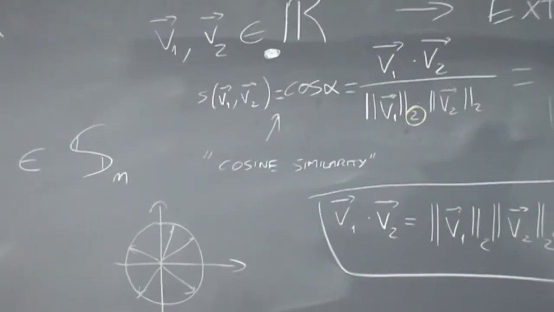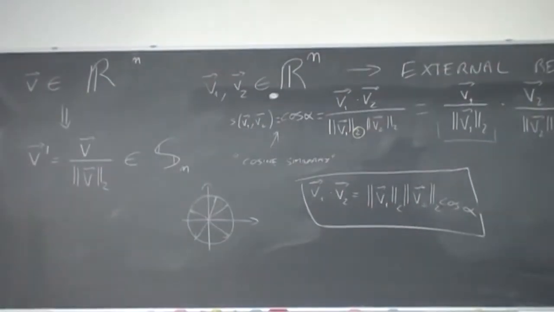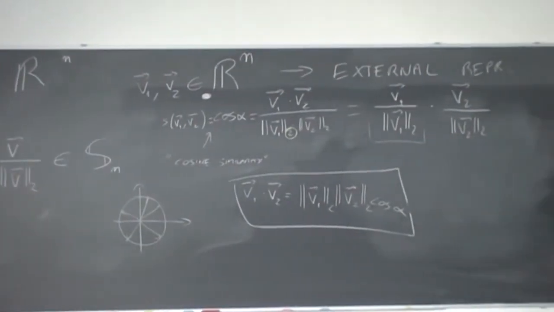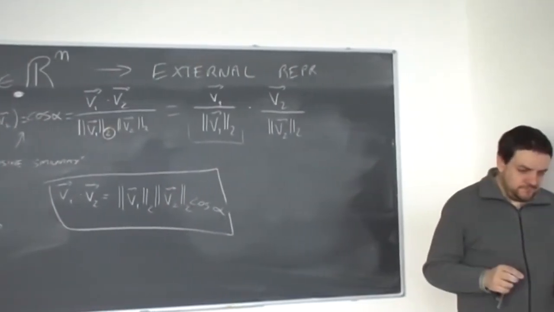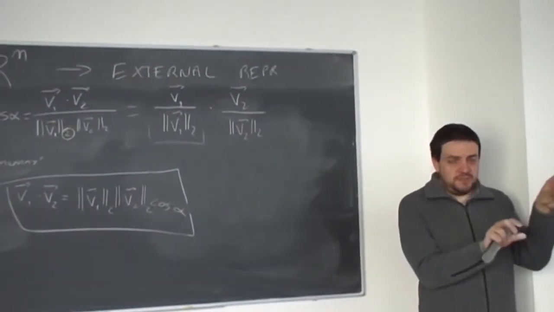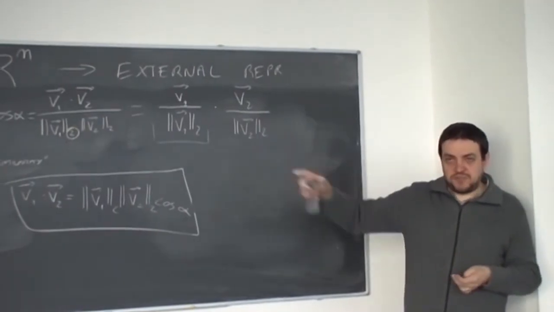So at this point, we have seen two possible formulae that give us external relationships between elements given internal representations of elements.